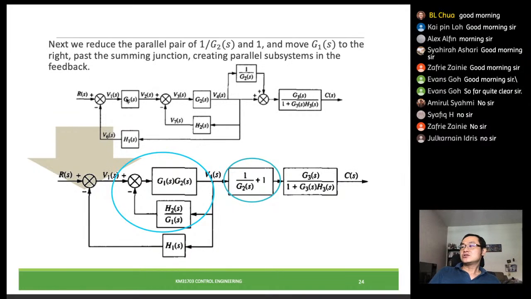So if we want to move this in, then we would have G1 multiplied by G2, and then there is an effect of dividing by G1. So we update our transfer functions here, then we have G1 G2 and then H2 over G1, right? So this is after we move this over.